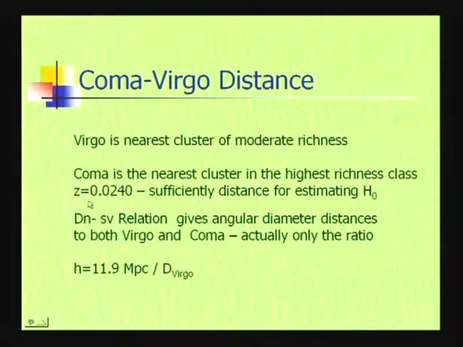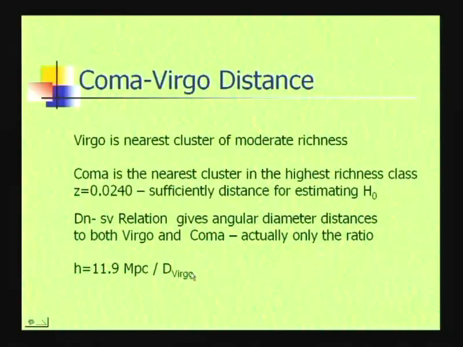Okay. And since the redshift of the Virgo cluster is known, you can use this to determine the Hubble parameter in terms of the distance to Virgo. Okay, and that gives h this particular value.